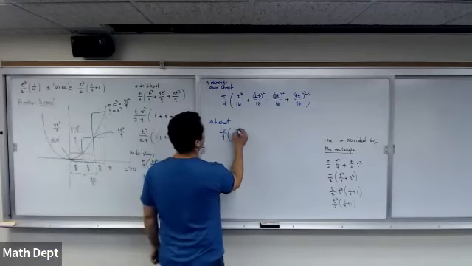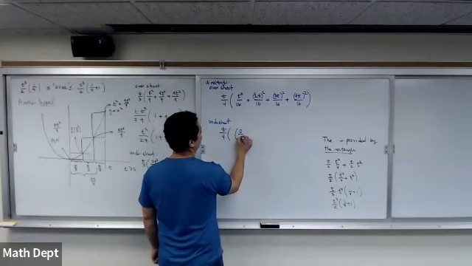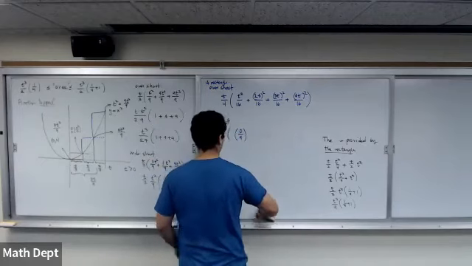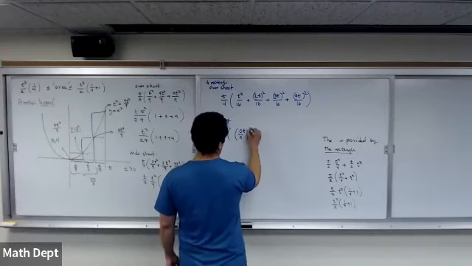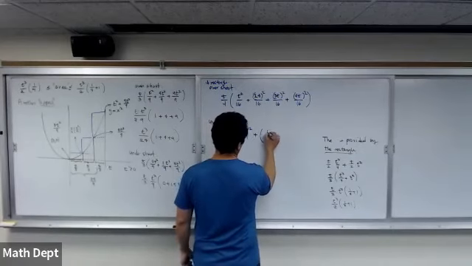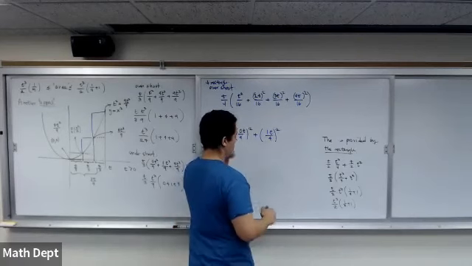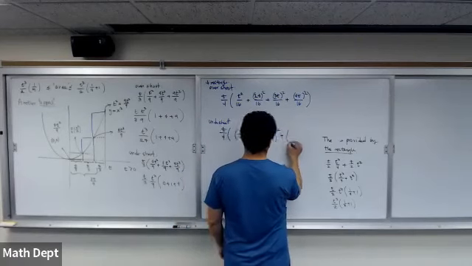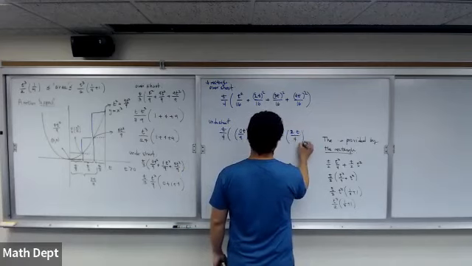So I'm going to actually write it in this fashion. 0 over 4 times t squared. The next one, 1 times t over 4 squared. The next one, 2 times t over 4 squared.